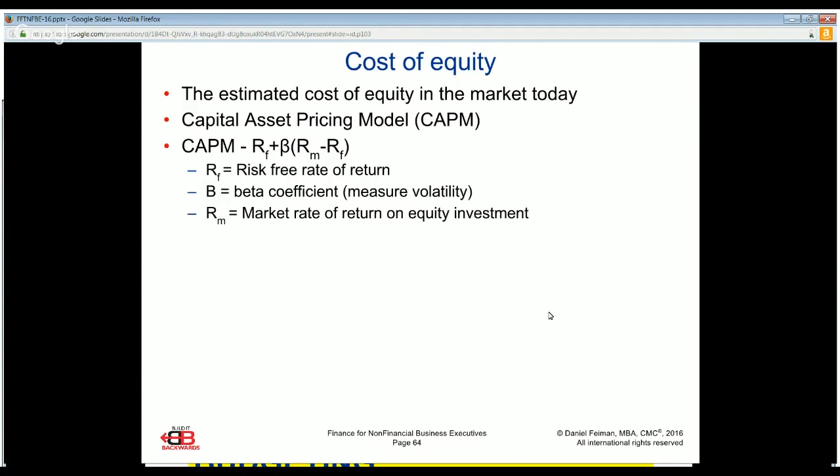It measures how much our shares move up and down in the marketplace over time compared to the market in general. Let's use a beta of 1 as neutral. That means our shares move up and down generally as the marketplace moves up and down.